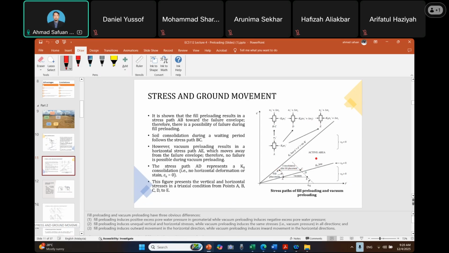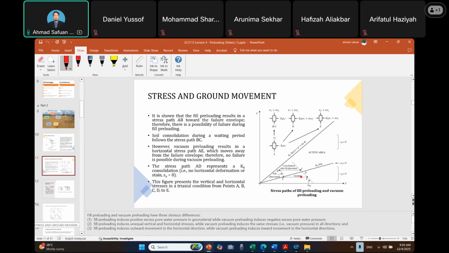However, vacuum preloading results in a horizontal path AE, which moves away from the failure envelope. Therefore, no failure is possible during the vacuum preloading process. That is the advantage of using vacuum preloading.